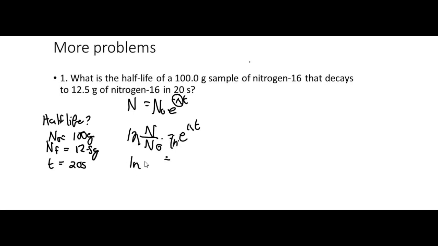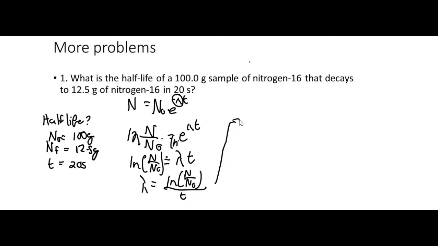So we'll get ln of N over N0. So this will be cancelled out. Then we have time. So let's divide by time. ln of N over N0 over time.